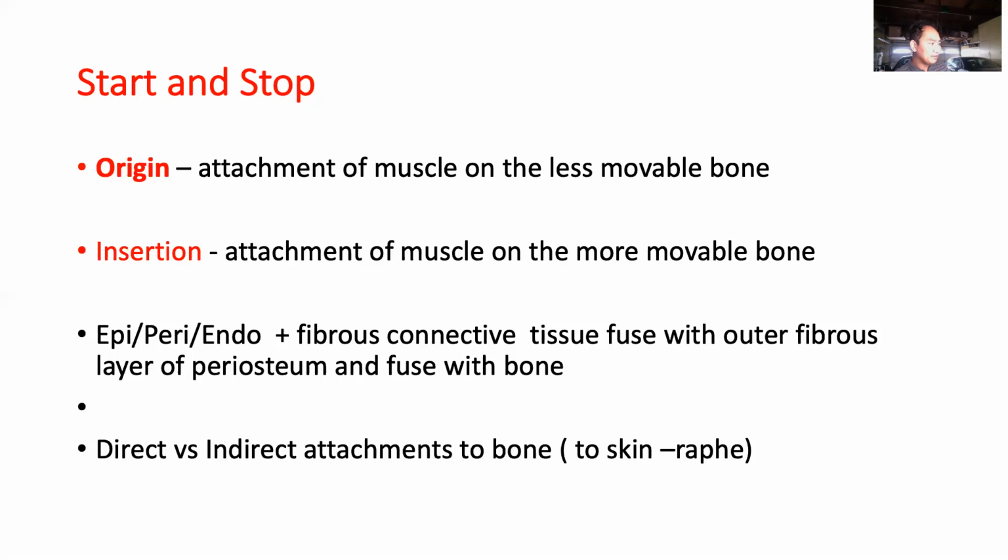And direct and indirect attachment to bone. A muscle will become a tendon when its endo-, peri-, epimysium fuse together with more fibrous tissue, go to the bone and fuse with the periosteum. That is the indirect attachment.